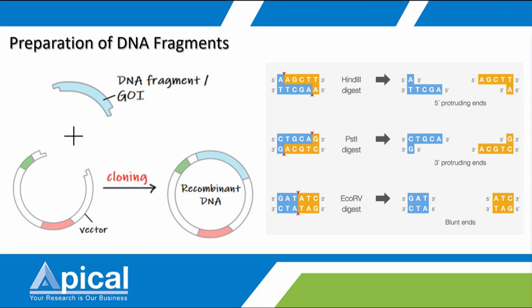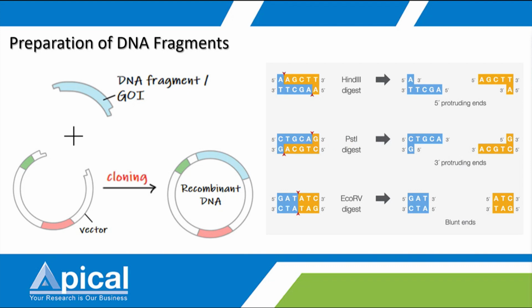For example, here HindIII recognizes the site AAGCTT, when you read it from 5 prime to 3 prime. In another one, PstI, you can see it is CTGCAG, something like this.